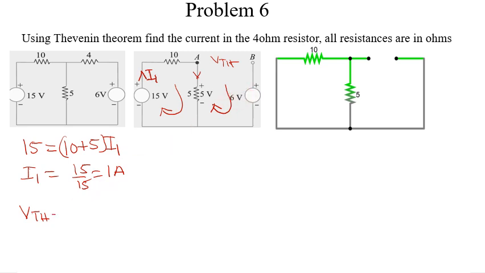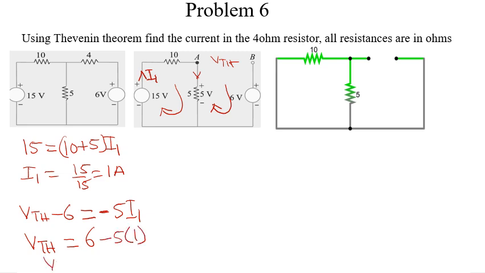So -6 is equal to, we have only one source here, which is the 5, and the 5 is going against our flow. We are going in the clockwise direction, but the 5 is in the anti-clockwise direction, so it becomes -5 I1. So our VTH becomes 6 minus 5 times 1.